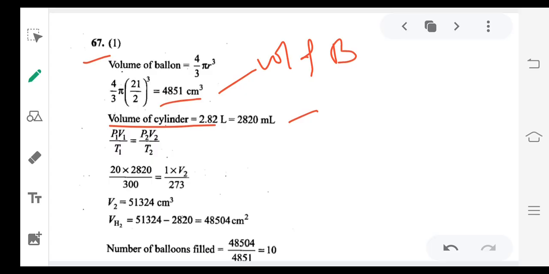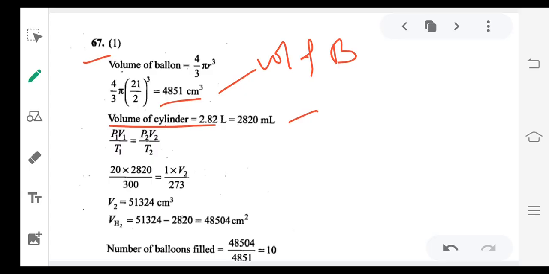Now this cylinder contains gas at 20 atmosphere pressure. If the gas present in the cylinder enters a 1 atmosphere region, no doubt its volume increases.